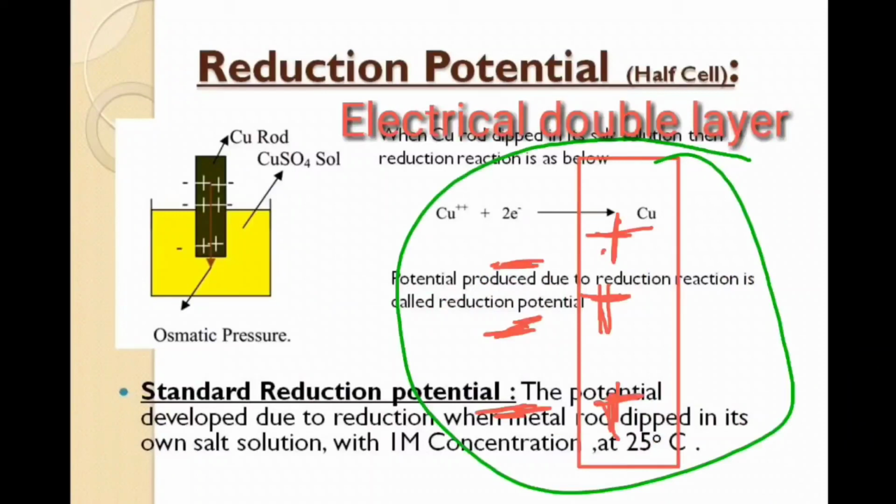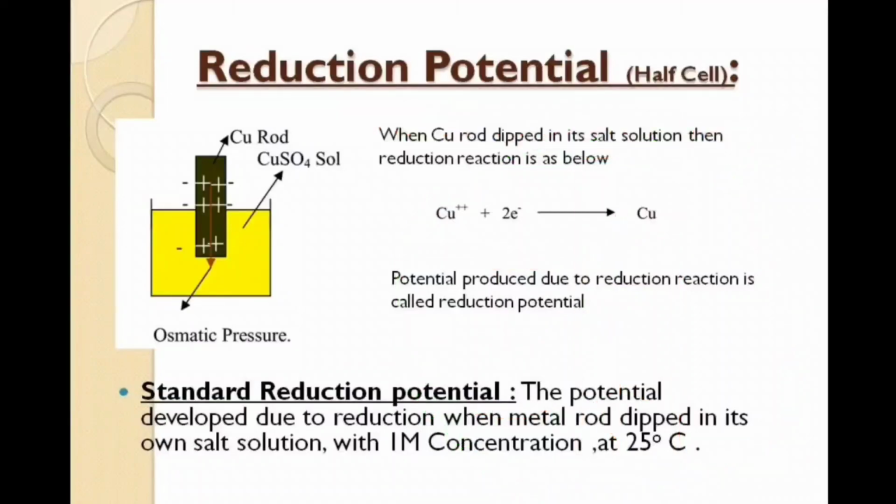So on the rod there is a positive charge, whereas in solution there is negative charge, that means there is a formation of electrical double layer. So this electrical double layer is formed due to deposition of Cu2+ ions, that is nothing but due to reduction reaction. That's why the potential produced is known as reduction potential.